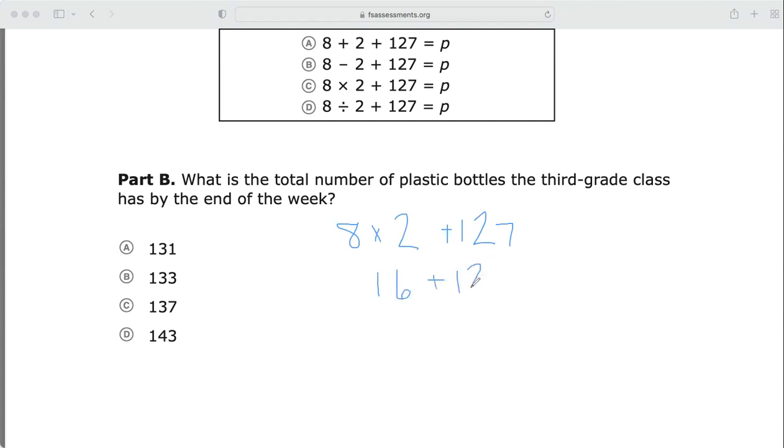Of course, you can use a calculator to check your work. So 6 plus 7 is 13, 3, 4, 143 bottles. I'm going to double check my work with the calculator really fast. Okay, so 16 plus 127 is 143. So the answer would be D.